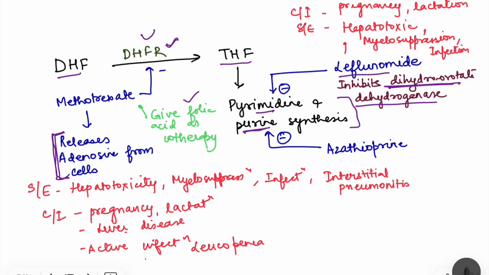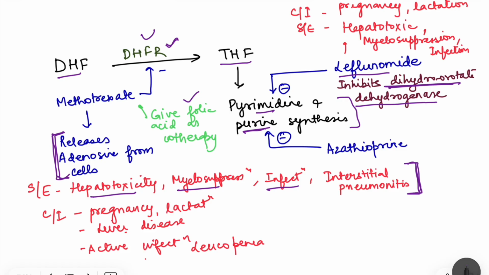Now, I told you that methotrexate is a first choice drug, and if methotrexate is contraindicated, then leflunomide is used. However, if we see the side effect profile, it is almost similar in methotrexate and leflunomide. Both are hepatotoxic, both cause bone marrow suppression, and both predispose to infection. Methotrexate also causes interstitial pneumonitis, and this interstitial lung disease can occur in rheumatoid arthritis, because I have told you that apart from the joint, other tissues can also be affected.